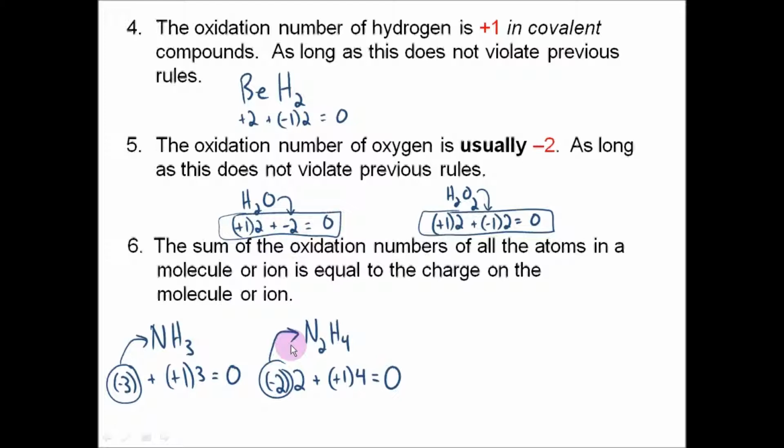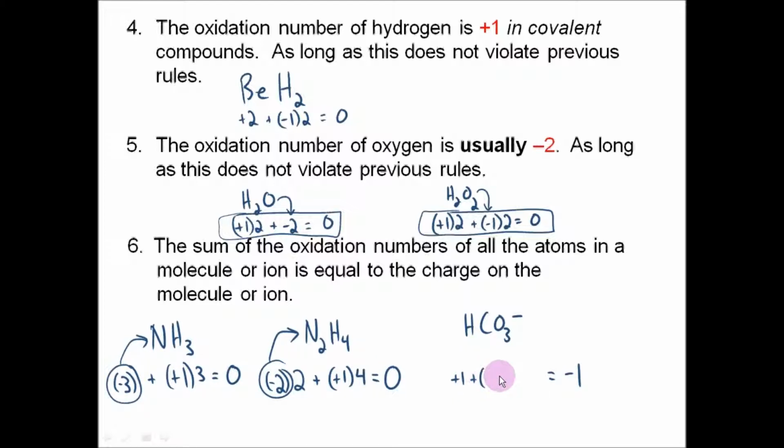Now let's do one more. Let's do an ionic compound. Let's do bicarbonate, HCO3 minus. If we sum the H, the C, and the 3 oxygens, we should get -1 on these pseudocharges, these oxidation numbers. So here, this is a covalent compound, so what's the hydrogen going to be? Rule 4 tells us the hydrogen is going to be +1. The carbon, we're not sure yet, so let's leave the carbon there blank.